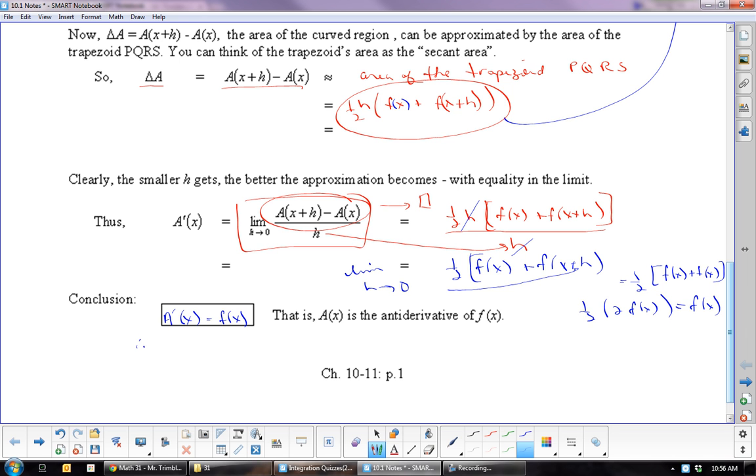Therefore, if we go the other way, the antiderivative of f of x is area.